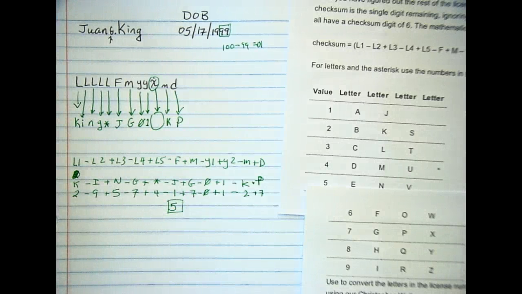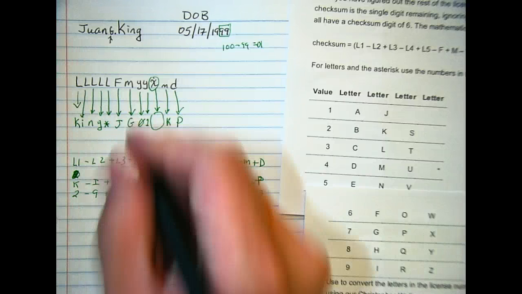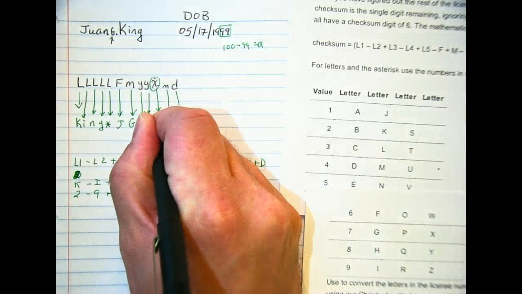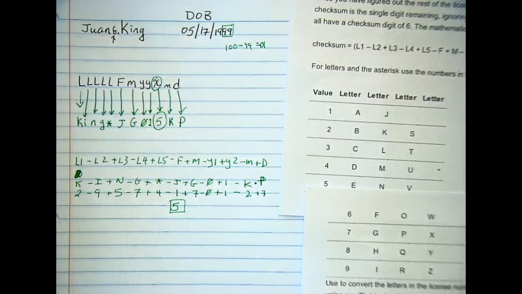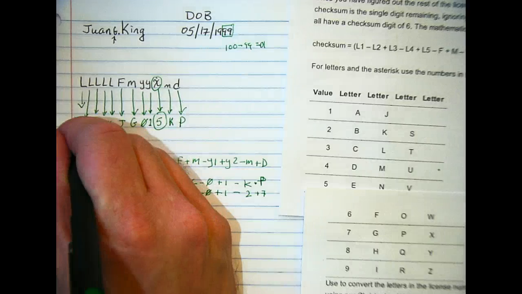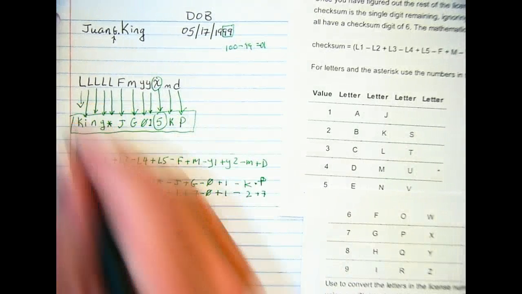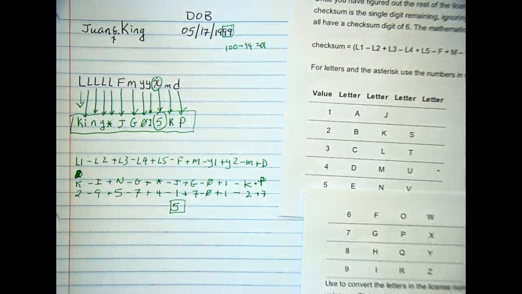Yes? It shouldn't be a double digit, should be a single digit. You put a 5 in here, that is Mr. Juan King's license number. Shouldn't be negative. Double check it.